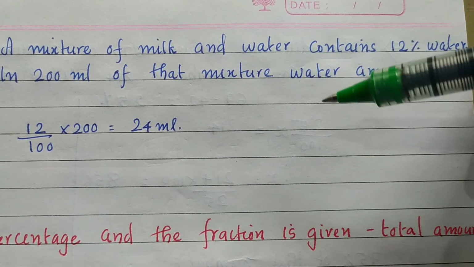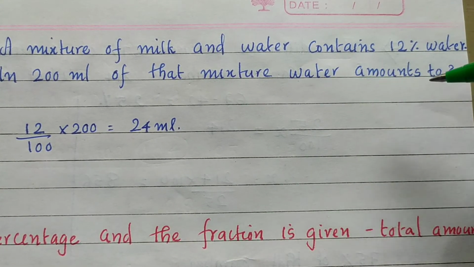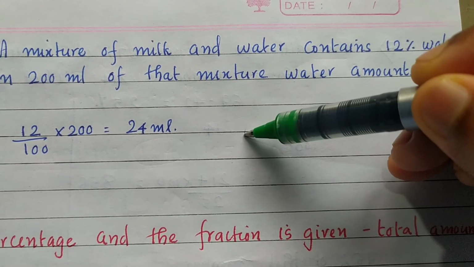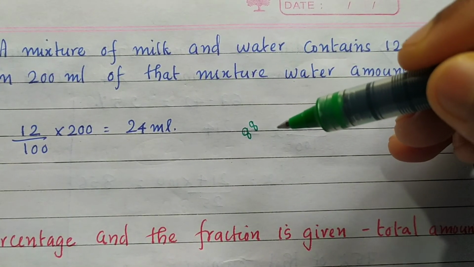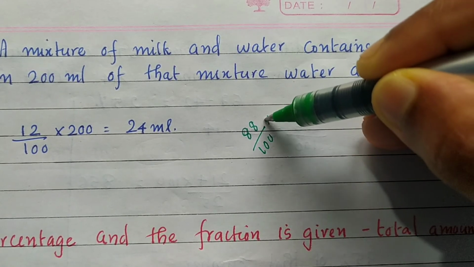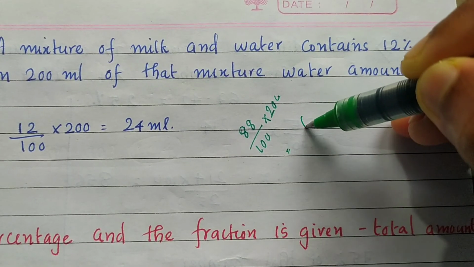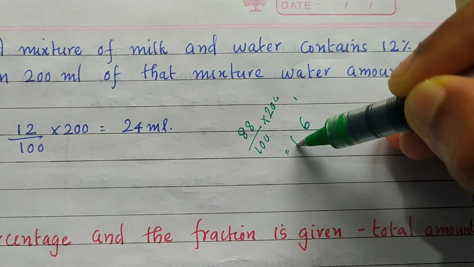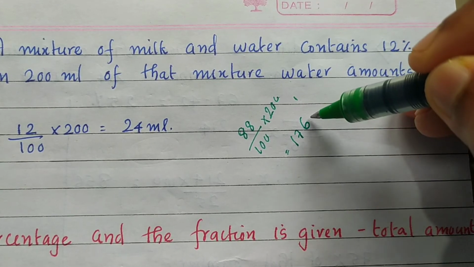So how can we find out the amount of milk in 200 milliliter? If 12% is water, then how much will be milk? 88%, right? How can we find out how much milk will be in that mixture? 88 by 100 into 200, which is equal to 176 milliliter.